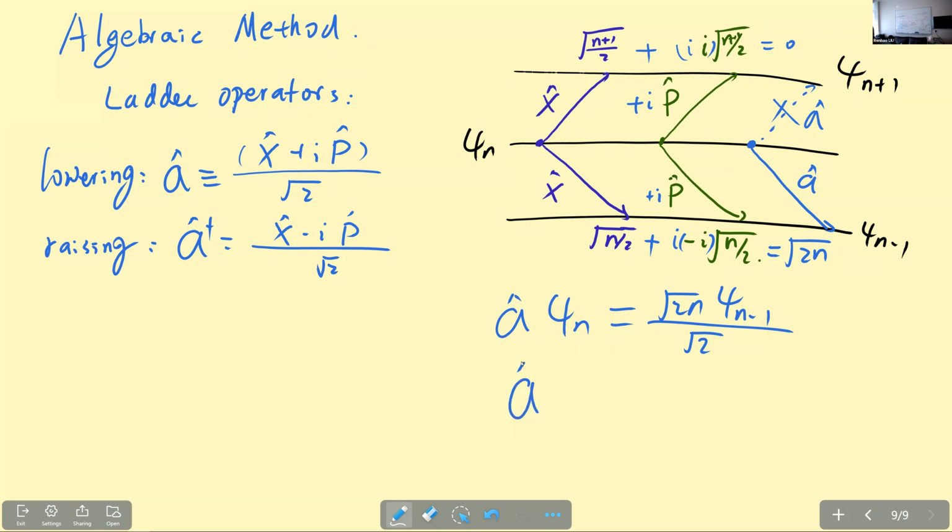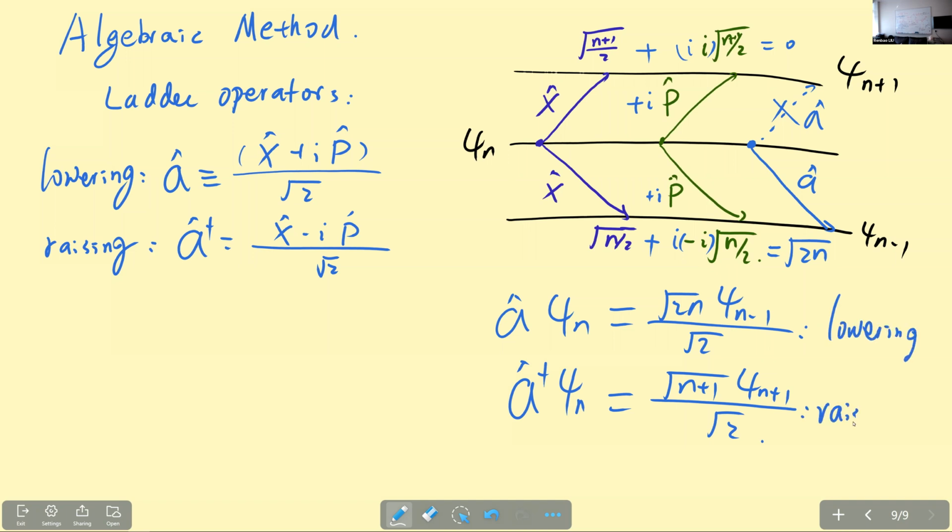Similarly for the other one, because if you multiply by minus i, that cancels the other term. That's why this one is called lowering and that one is called raising.